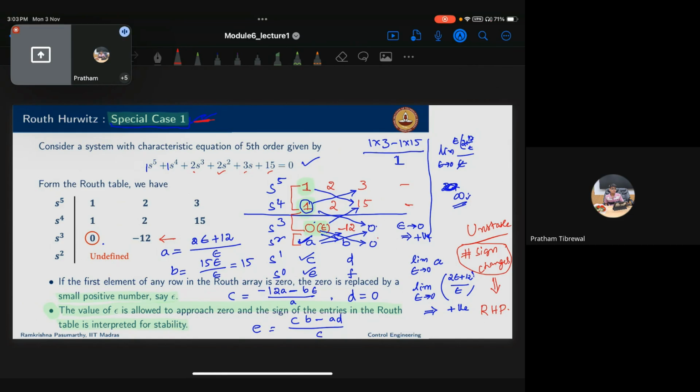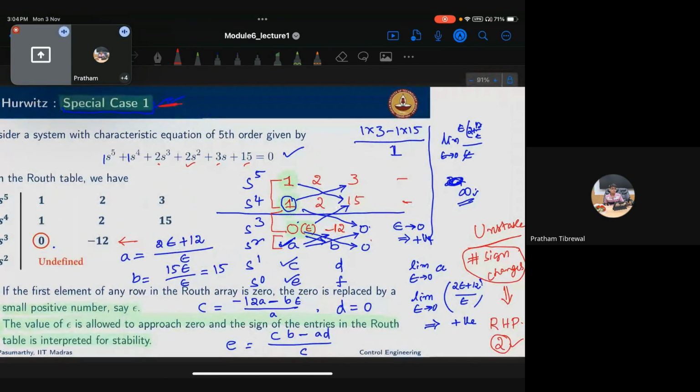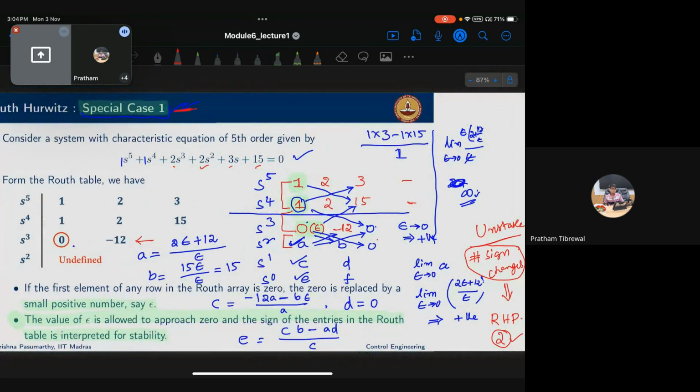Now suppose there are two sign changes, let's say. On the right side, how many poles will be there? Two. The number of sign changes will decide how many poles are on the right side of the j omega axis.